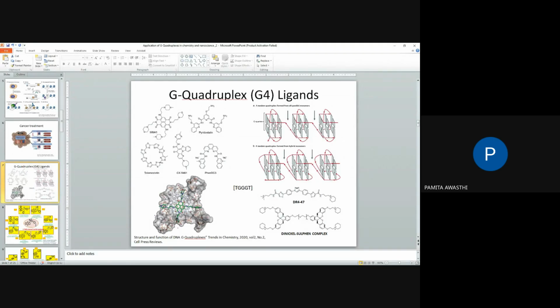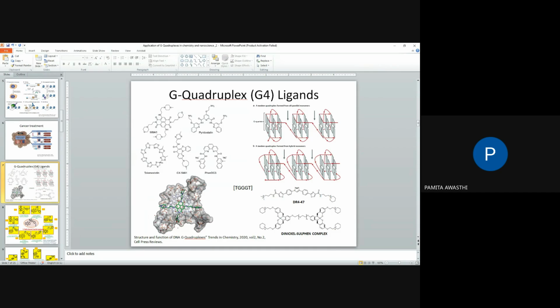I will not go into much detail; definitely, it requires another lecture on how these molecules go inside, what kind of stabilizing and destabilizing effects there are, and how it proceeds. I will just give you an idea that these are the various types of molecules being designed to interact with these quadruplex structures, right?